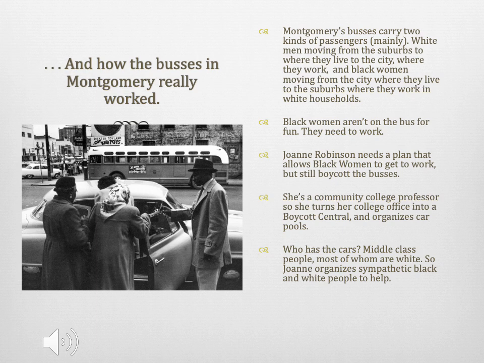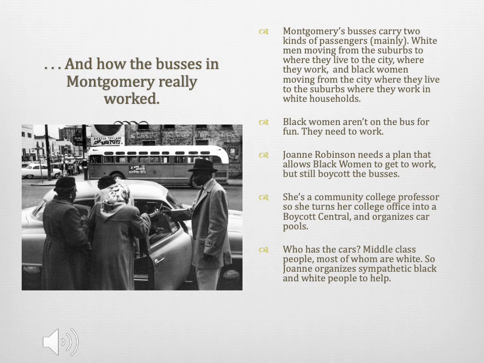So Joanne Robinson contacts people that she knows would be sympathetic, because not everybody is a racist. Not all of the white people are racist. Not all Southerners are racist. You get my point? I'm not saying there aren't any of them. I'm not saying they aren't all. So she gets women, black and white, who have access to cars to volunteer to be carpool drivers.